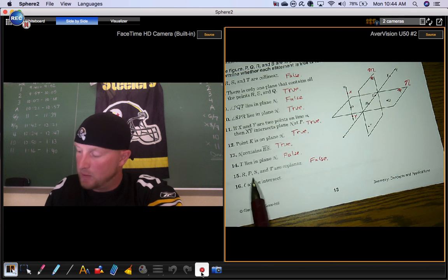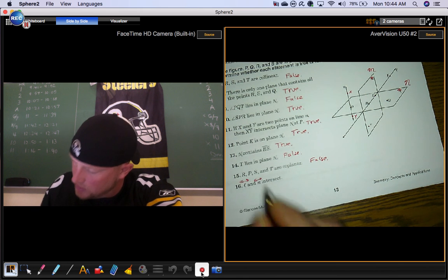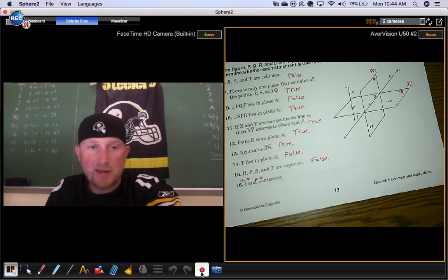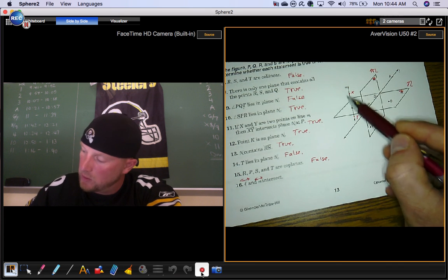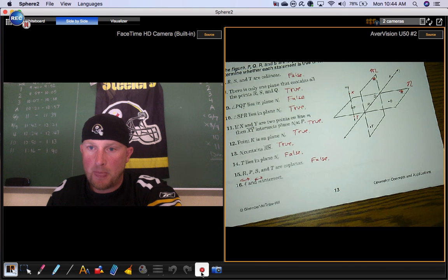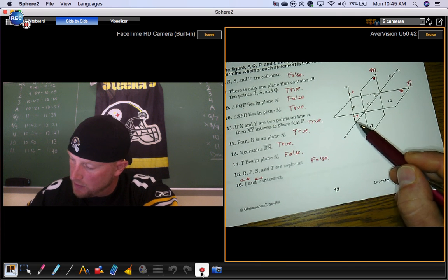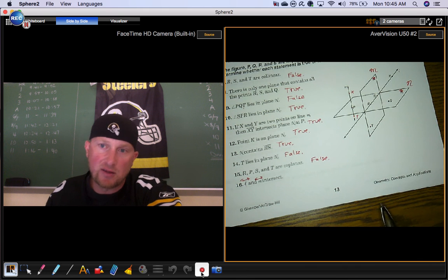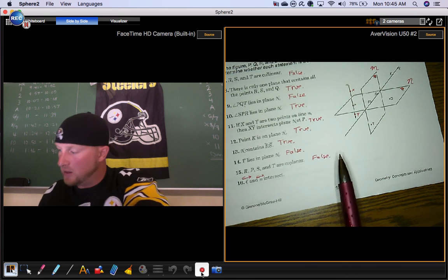Number 16, these are referring to lines, line L and line M. I'll put those little notations there so you know. Do those 2 lines intersect? Here's line L, here's line M. Now, if they go on forever, you might say, well, this arrowhead is definitely going to come through here and intersect this line. You might think that, but they don't, because it's kind of like this concept.